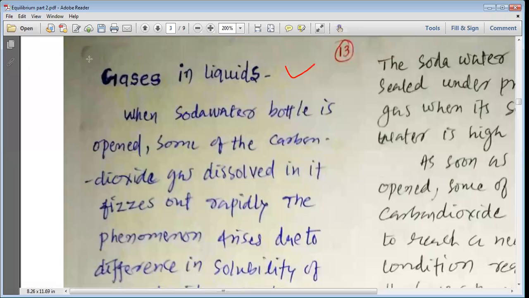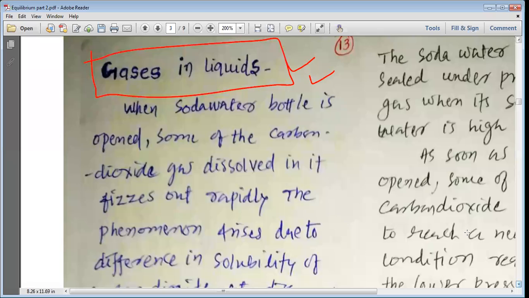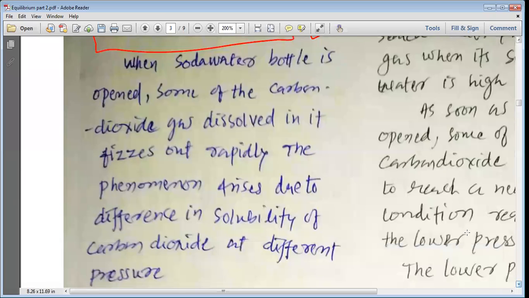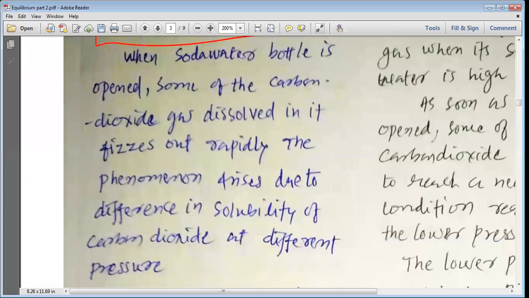Now my dear students, we want to study gases in liquids. You might have drunk some cold drinks where you have soda water or water containing carbon dioxide. This is the best example by which you can understand this situation.